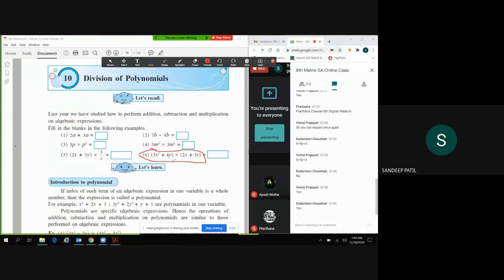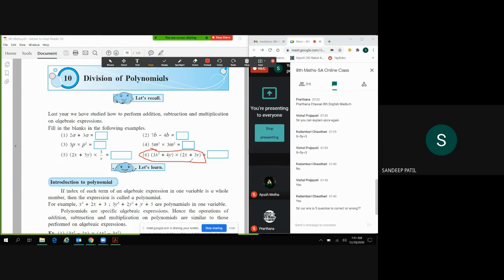So it is simple multiplication. 3x squared plus 4y into 2x plus 3y. Okay, so you had carried out the 5th one.